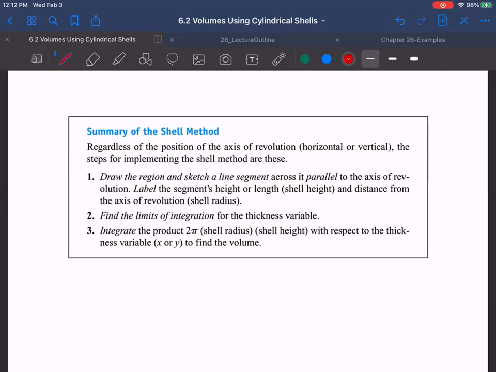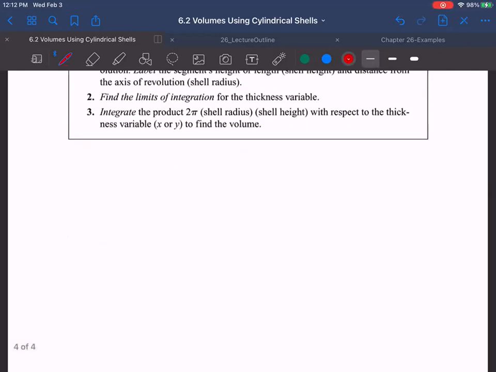All right, so I've got a couple problems for y'all to try. Really it's the same problem, but we're going to revolve it around 2 different axes. So we're going to do this one.